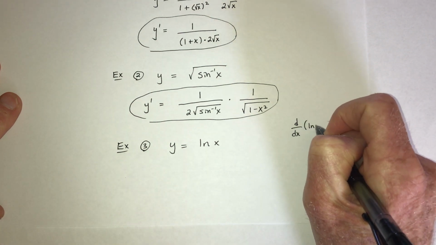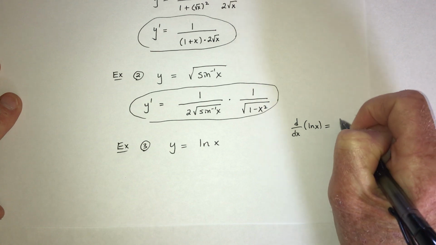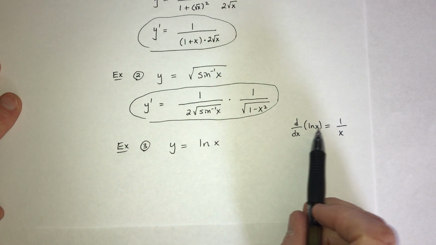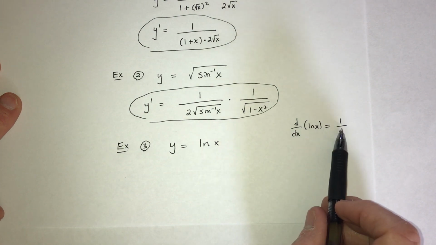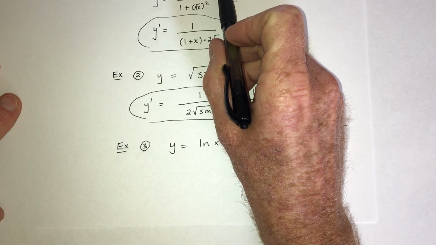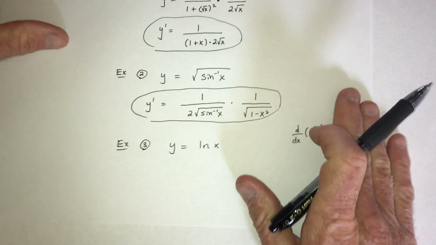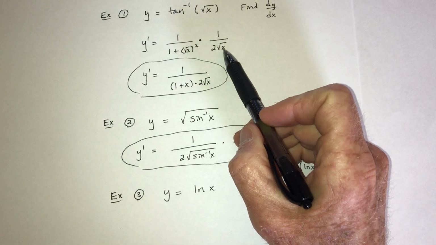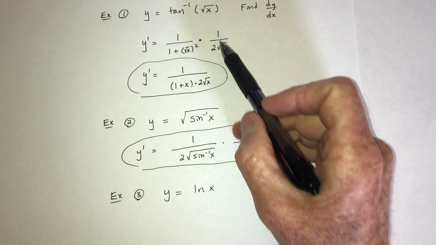The derivative of the natural log of x is equal to just 1 over x. It's a very easy one to remember, very useful. So I recommend that you remember it and take this shortcut. Just like I remember with the square root, the derivative of square root is 1 over 2 times the square root. Saves me a lot of time right there.